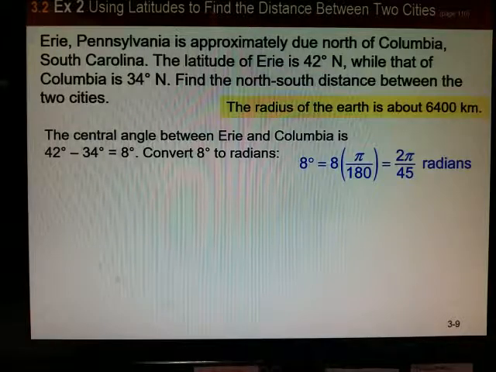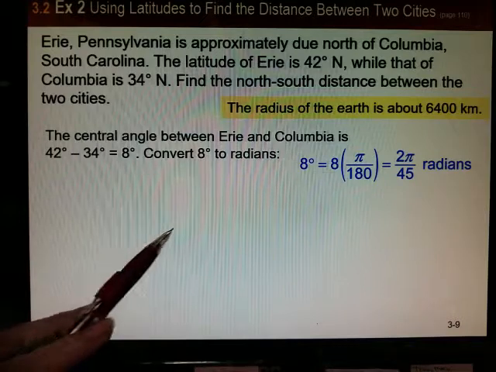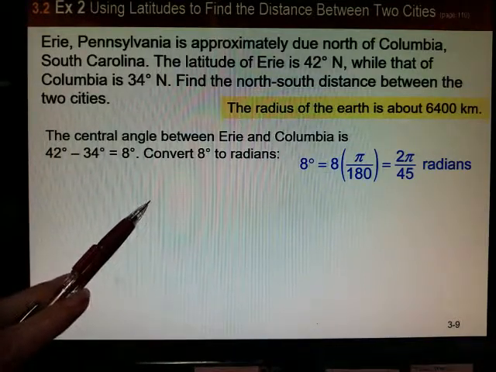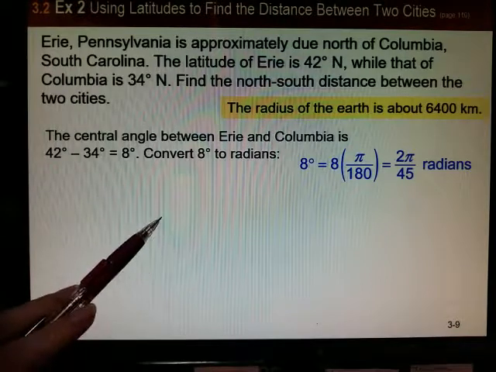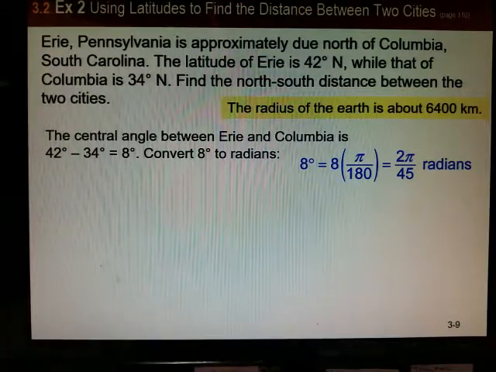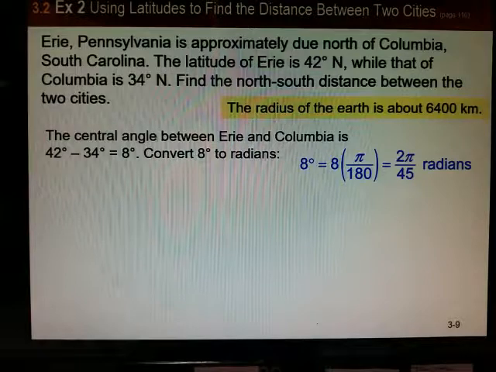If you think about it, you have your globe and your equator line, and you're going up 42 degrees to Erie, and only 34 degrees to Columbia. You have a circle representing the globe of the Earth. Let me draw a picture here, and then I will show you.